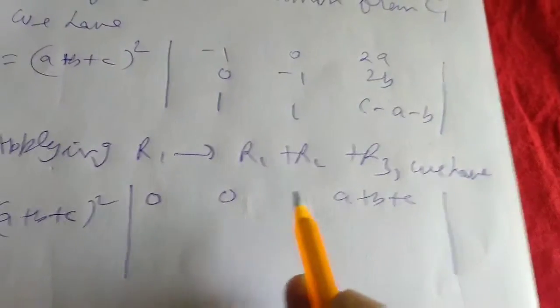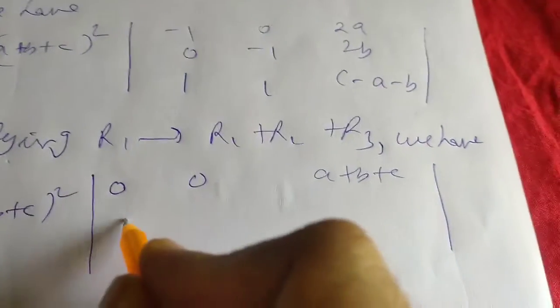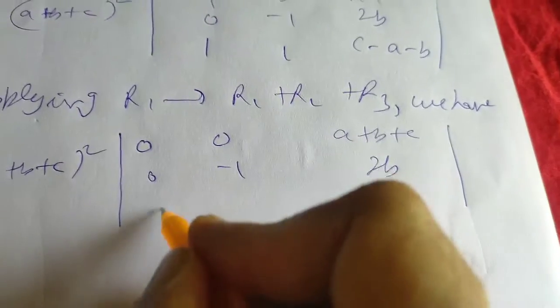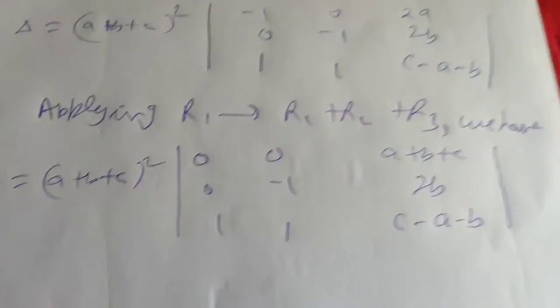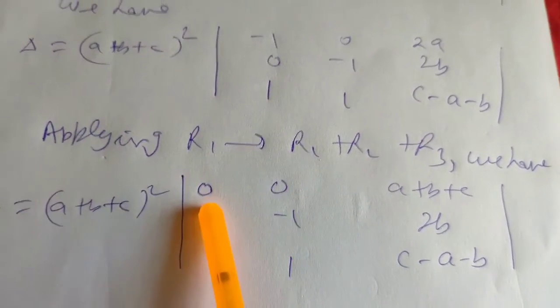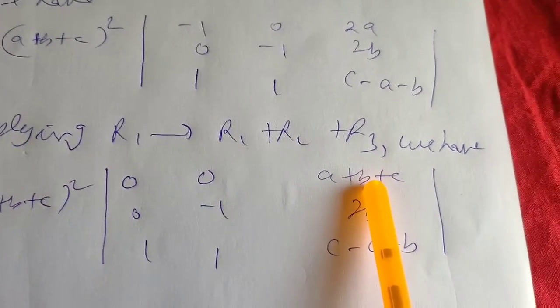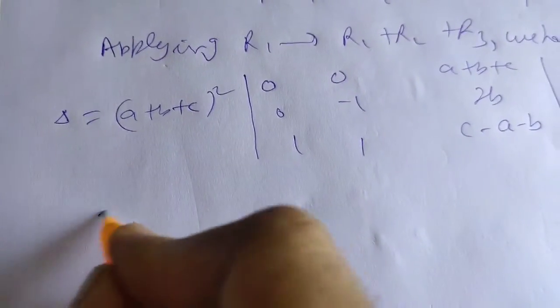And there is no change in row 2 and row 3. So they will remain as they are. 0, minus 1 and 2b. This is 1, 1, c minus a minus b. Now 0 can be written as 0 into a plus b plus c. This also can be written as 0 into a plus b plus c. So taking out a plus b plus c common from R1. So that is what we will write.